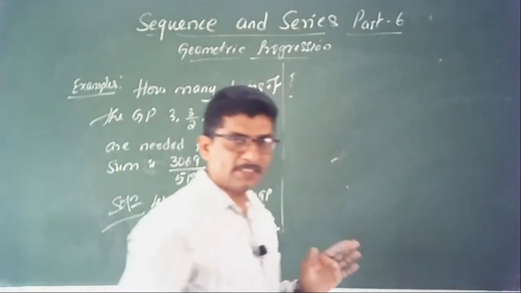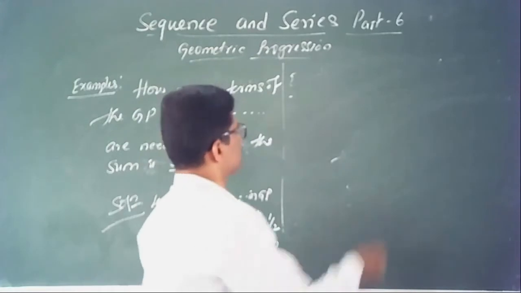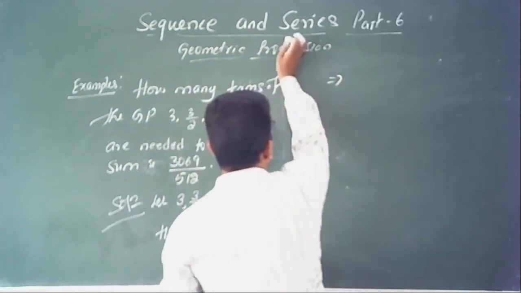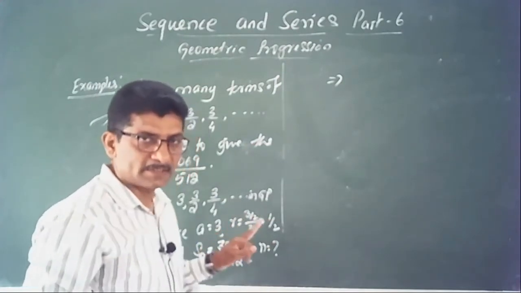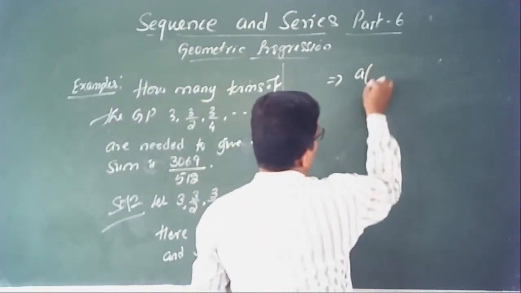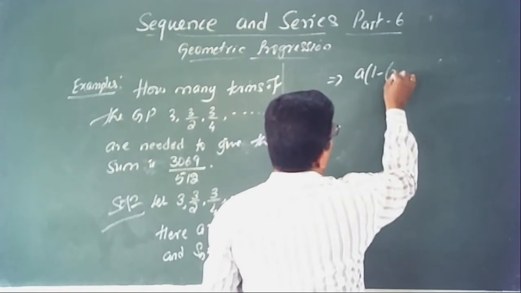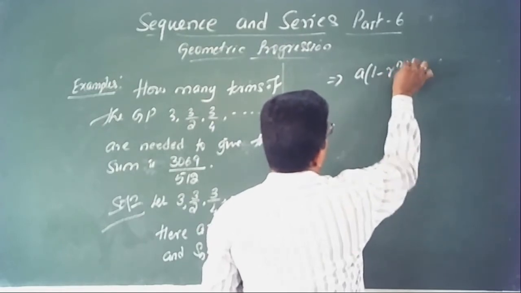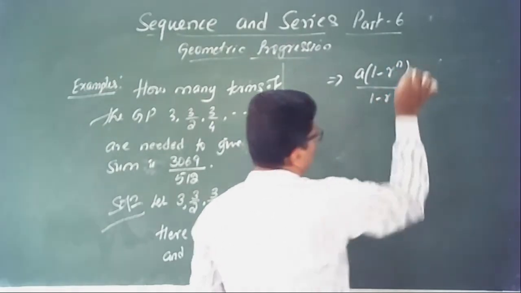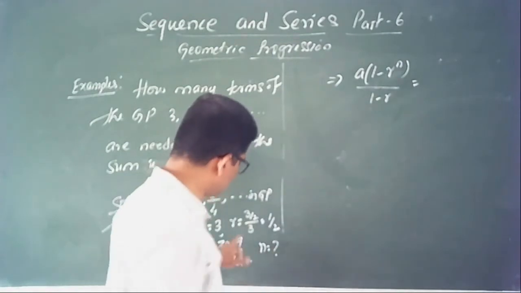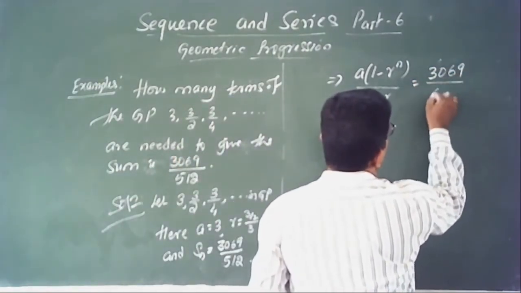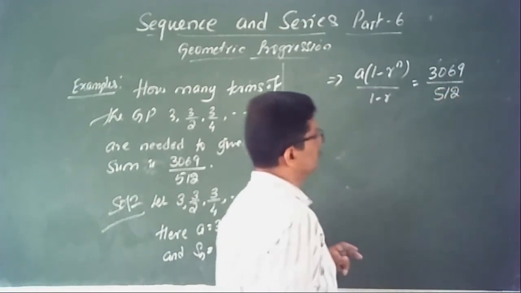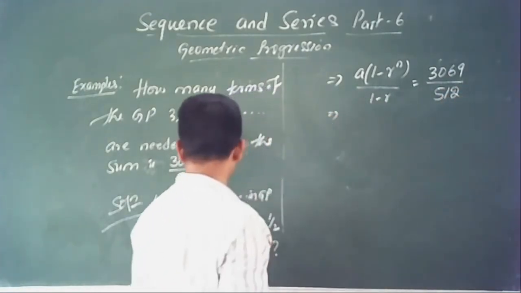Here we are finding n, the number of terms. It implies here you know that r is less than 1. What is the formula for Sn? Sn is equal to a into 1 minus r raised to n divided by 1 minus r. It is given that Sn is 3069 divided by 512. Substitute the values. What is the value of a?